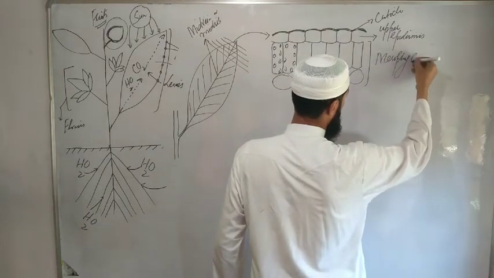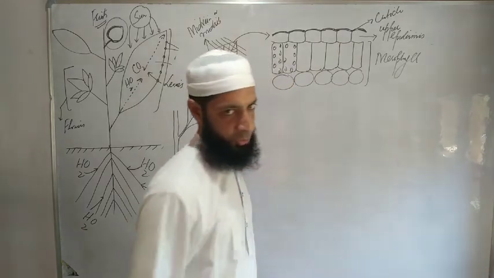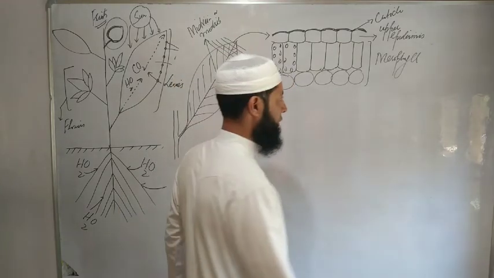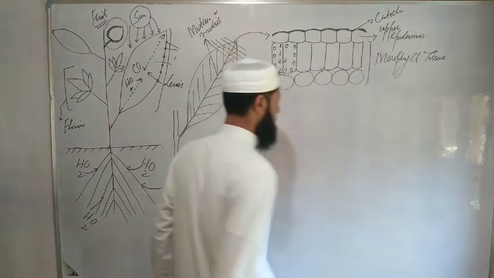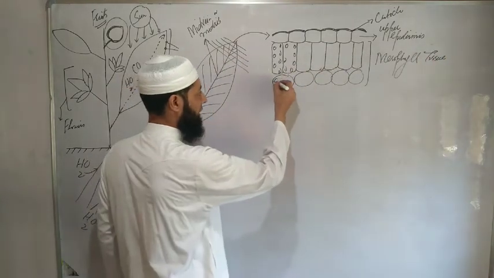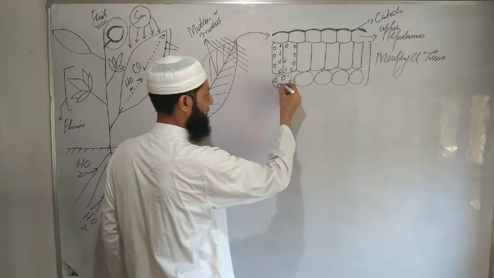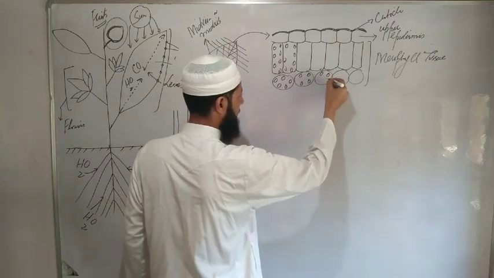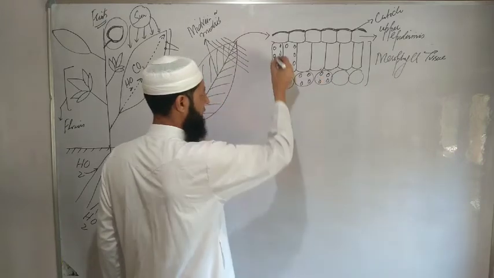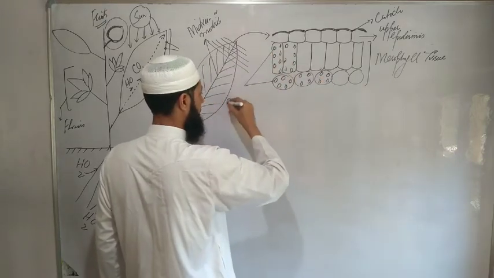This is where photosynthesis takes place, due to the presence of mesophyll tissue, which is differentiated into palisade and spongy parenchymal cells. That's why we call them chlorenchymatous cells, meaning those cells which contain chloroplasts.